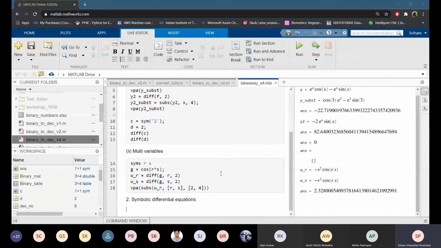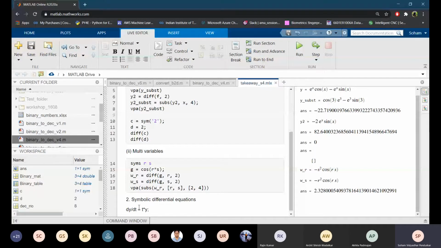So now, let's see. A differential equation we'll use like this: dy by dt is equal to t into y. So this is the differential equation we'll see. Very simple.